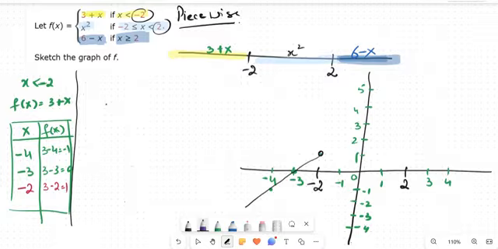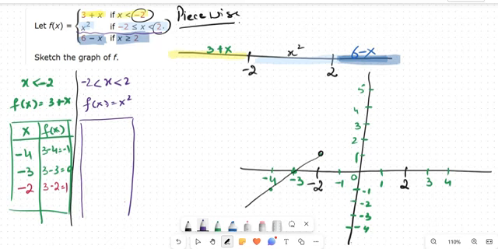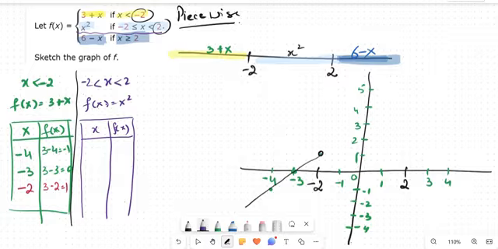Let's talk about the second portion, x from -2 to 2. The function is x square. Let's try to draw the table of values. x and f(x) from -2 to 2, and the equality is here, so -2 is included.